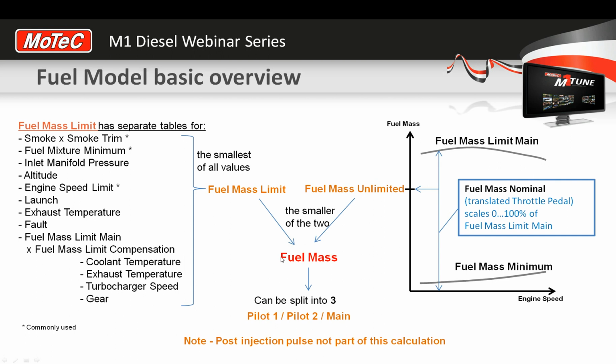Is the current fuel mass being derived from the pedal, which is effectively the fuel mass unlimited, or is it being derived from one of these limit tables? And then our second source channel is, out of all of these limit tables, which one has got the lowest number? Which one is actually feeding the fuel mass limit channel?